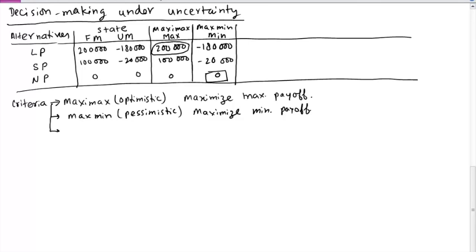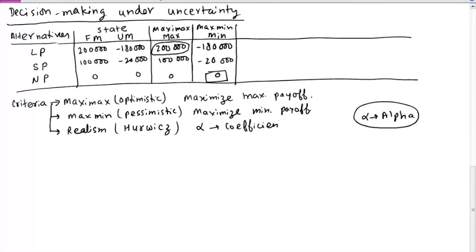There is another criteria called realism, also named the Hurwicz criteria. In this criteria, there is a coefficient called alpha. This symbol here is a Greek letter, alpha. When alpha is 0, it implies maximin.